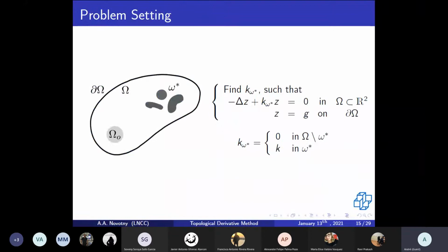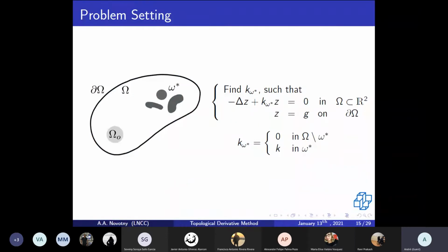So the problem is the following. Suppose that we have a domain omega with some anomalies inside. But we don't know where these anomalies are. We want to reconstruct them from some measurement taken on this small domain omega O.